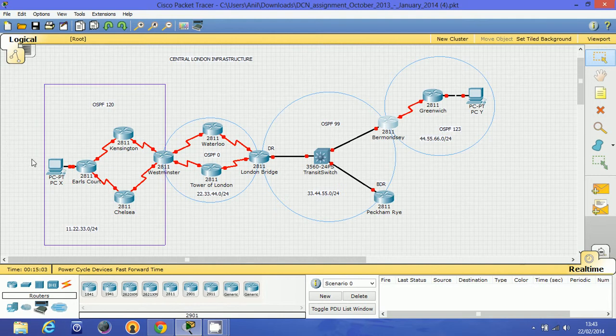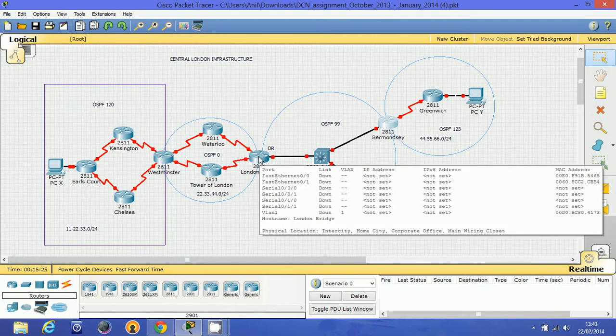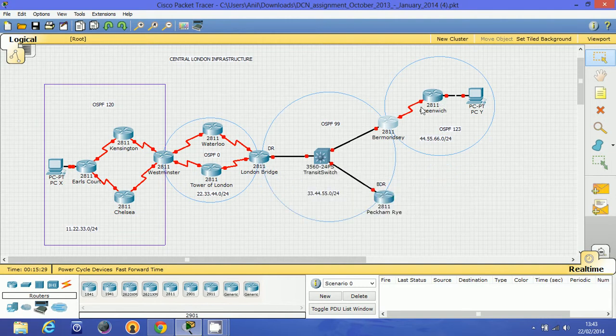Then the virtual link should be created between these, with an area border router here and one here. The virtual link should be created between the two area 0s as well. It means the virtual link helps to create a connection between discontiguous areas and discontiguous area 0s.